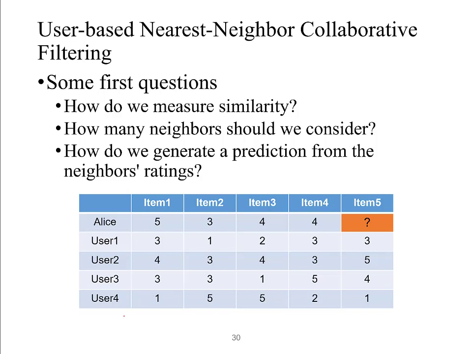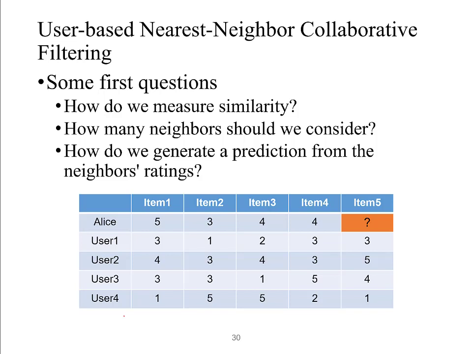Should we only consider the most similar one to Alice, or the k most similar users to Alice, or let's say we consider those users whose similarity of tastes to Alice is above a certain threshold? So we need to decide that as well.